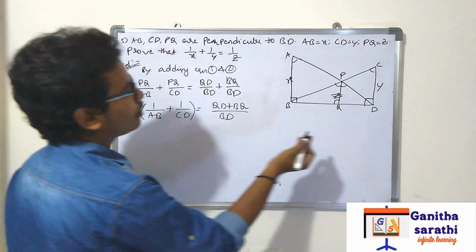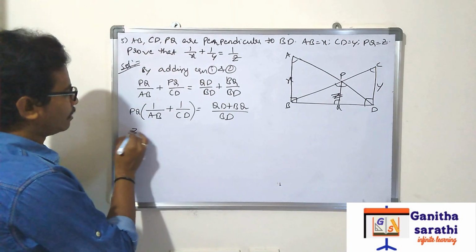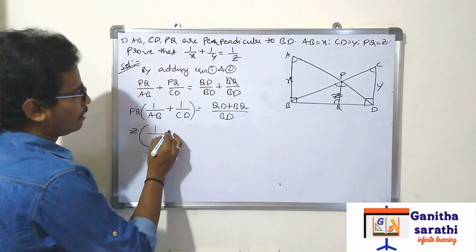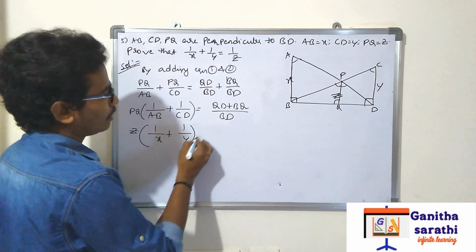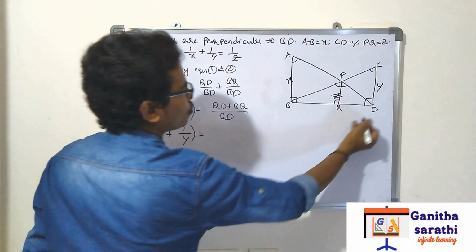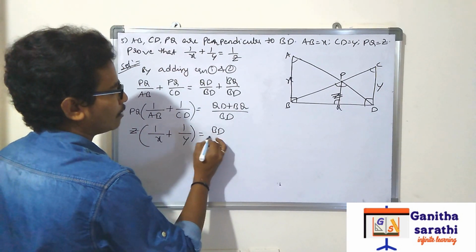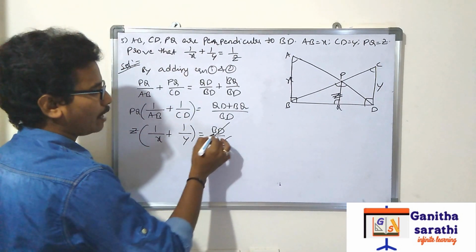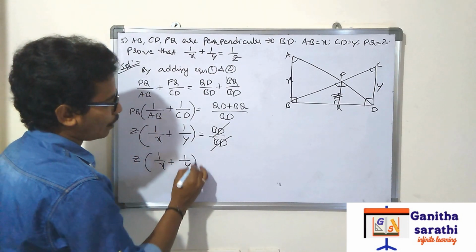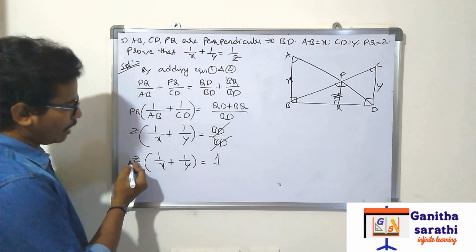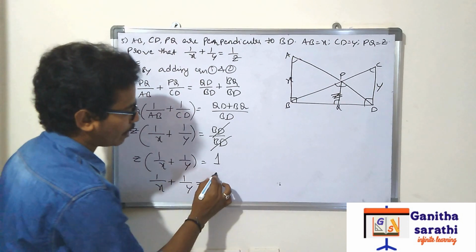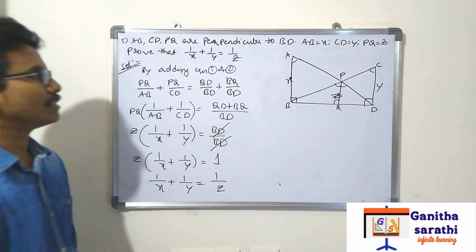PQ value is Z into 1 by AB, AB is X, plus CD value is Y. QD plus BQ means the total line BD, so BD by BD. You can cancel BD and BD. So Z into 1 by X plus 1 by Y is equal to 1. If Z goes to the right hand side, it becomes 1 by X plus 1 by Y is equal to 1 by Z.